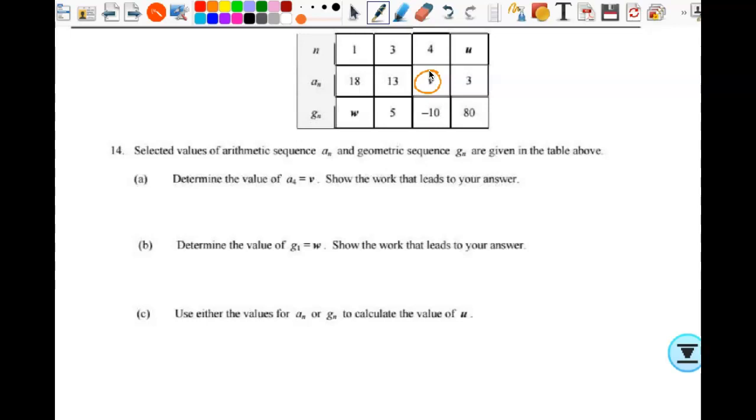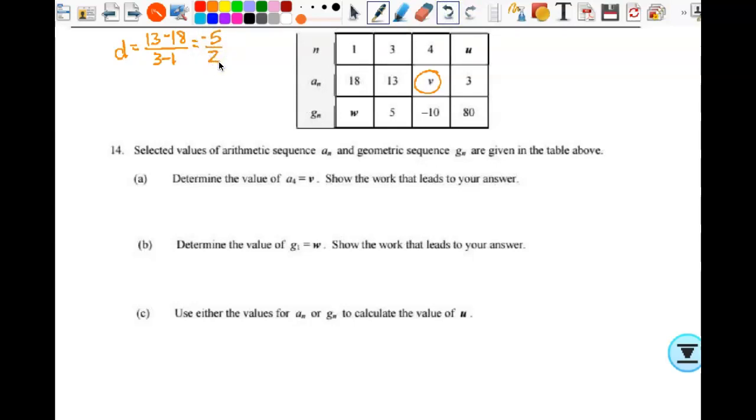I can find the rate of change, though. My rate of change is the common difference. So that's going to be 13 minus 18 over 3 minus 1, which is going to give me negative 15. Oh, no, not negative 15. Oh, my goodness. Negative 5 over 2.